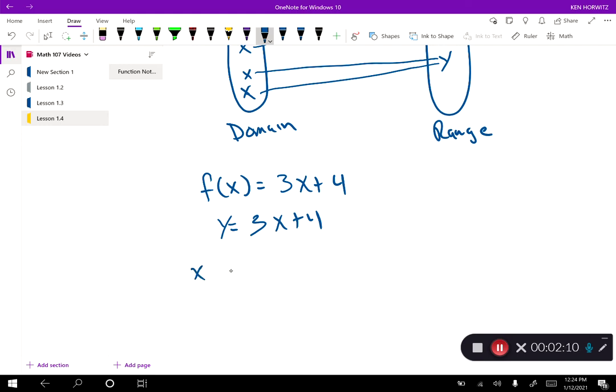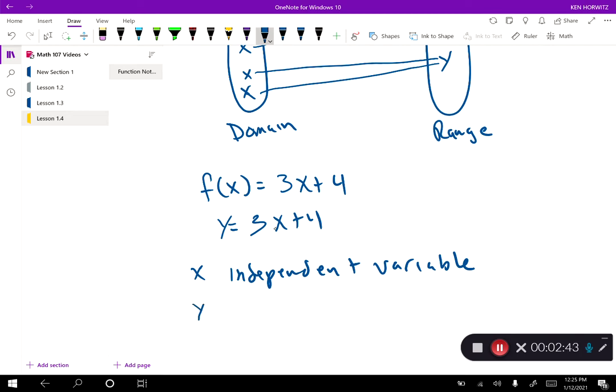X is called your independent variable. The reason it's called your independent variable is because you can choose any element in the domain for x, and that's okay. Now, once you pick an element for x, for example, let's say I pick 4, then y could only be one very specific thing.